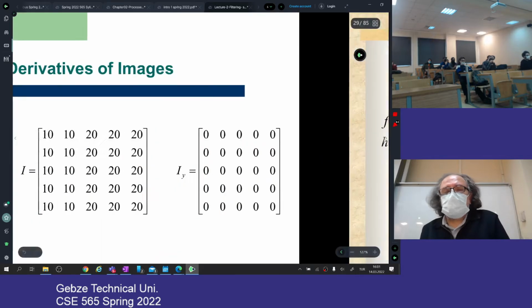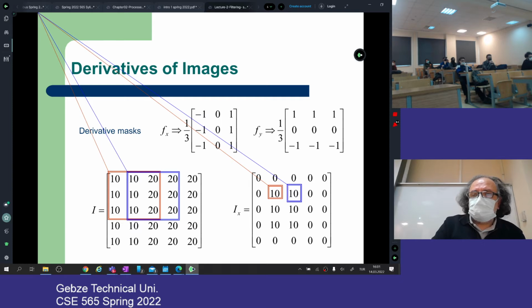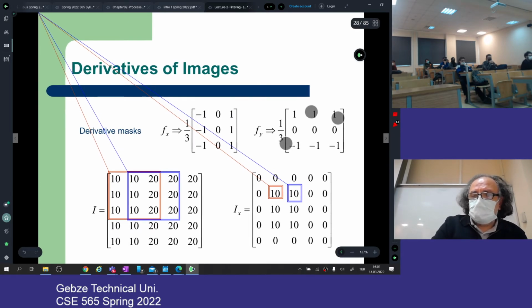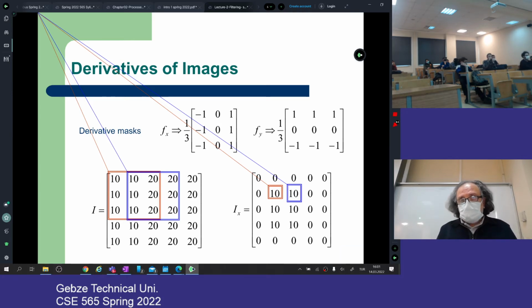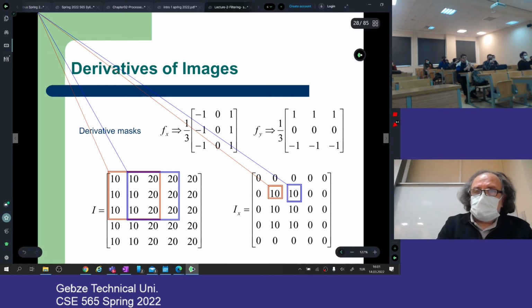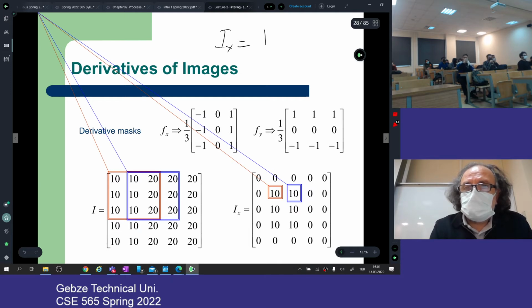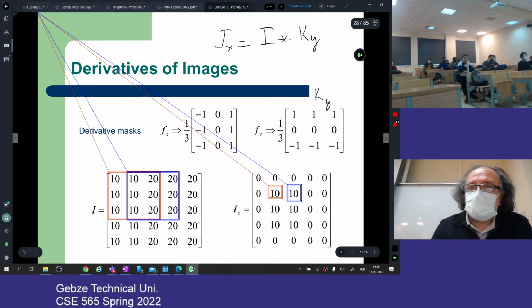This operation is actually called convolution. For the convolution you need a kernel. This is my kernel. I apply this kernel at every possible position in my image, and I produce the results. Okay? So IX is the result of the original image convolved by, let's say this is a kernel of Y, KY.